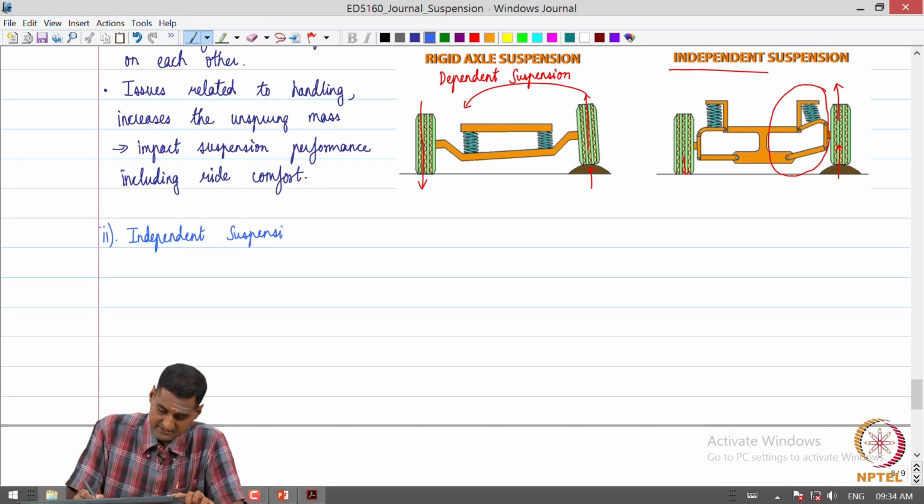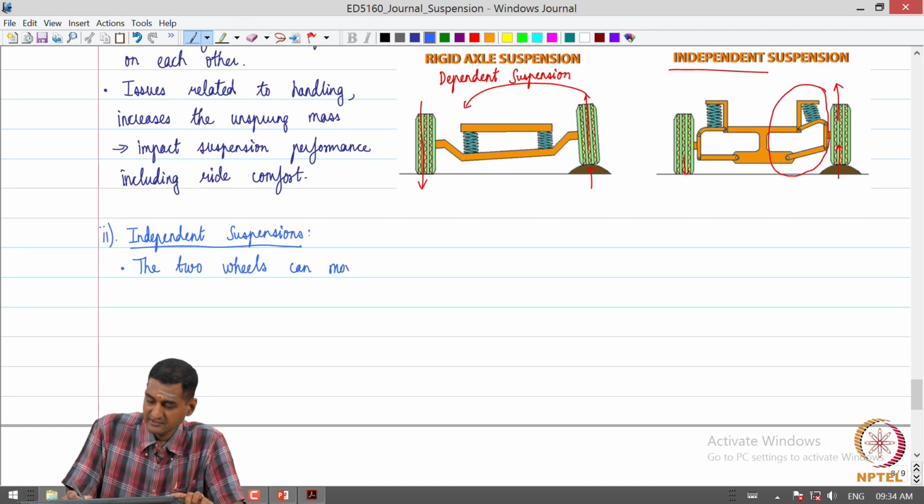What are they? The two wheels can move independently as far as vertical displacements are concerned.